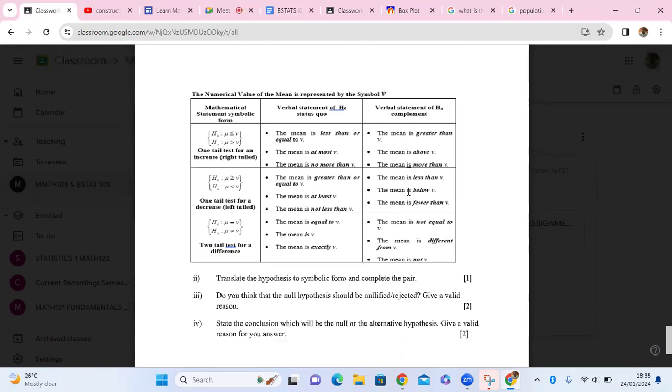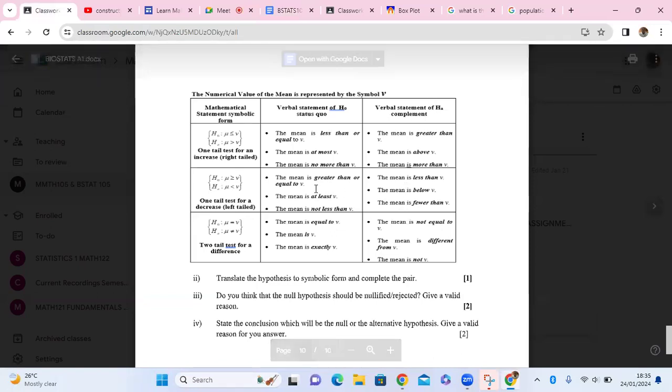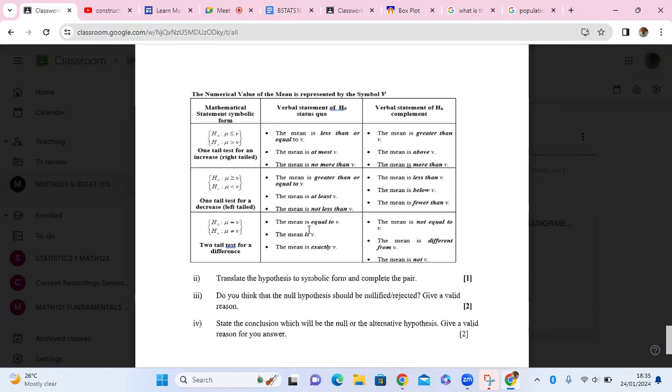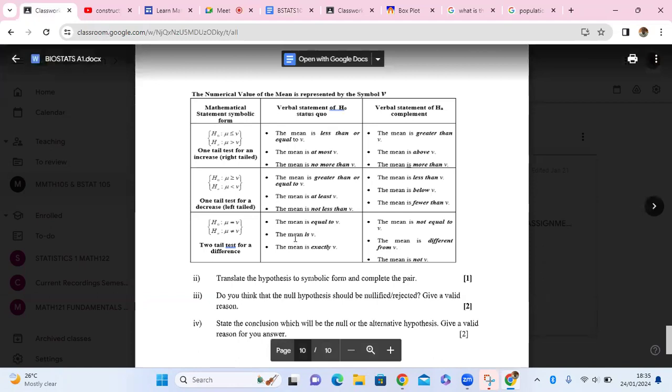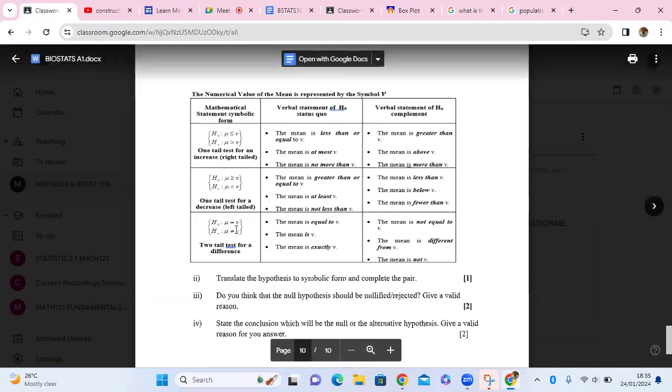Oh, and here it is. So this is a null statement. The null statement carries the "is". And here's the alternative, and here's the symbolic translation. As you can see, that is below "is". Is equal to is the null statement. Here it is: the mean is. And this is the symbolic translation.